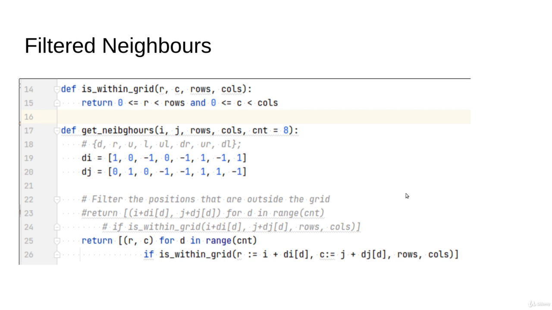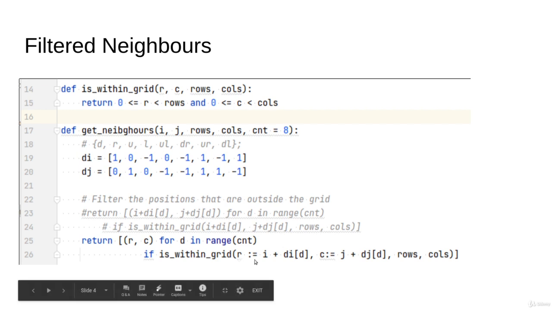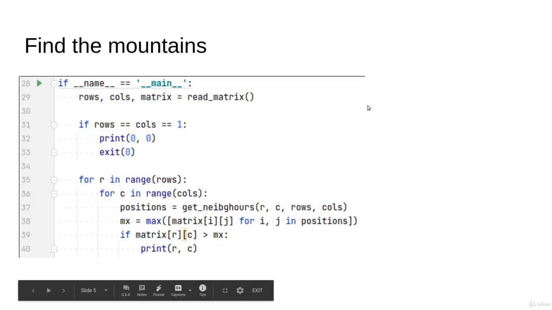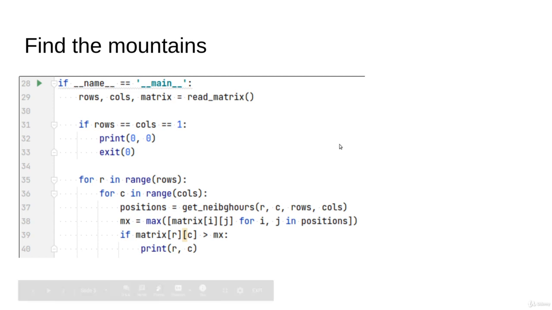So as we learned before, the walrus operator can help us get rid of that. We can assign here the value of R to this term and the value of column to this term, and then we can just use it here. It's now making the code much nicer and simpler. Remember, this operator evaluates the value and returns it, so it is assigned and returned. It's called an assignment expression.